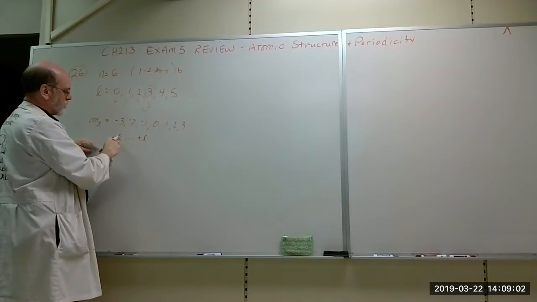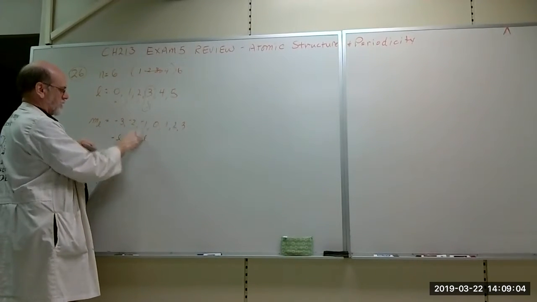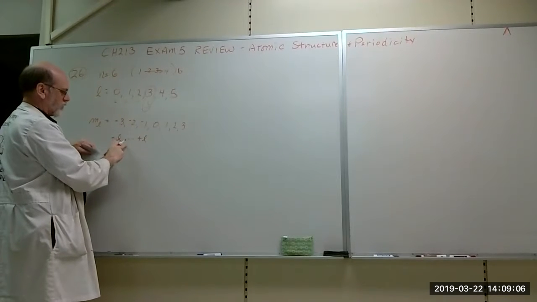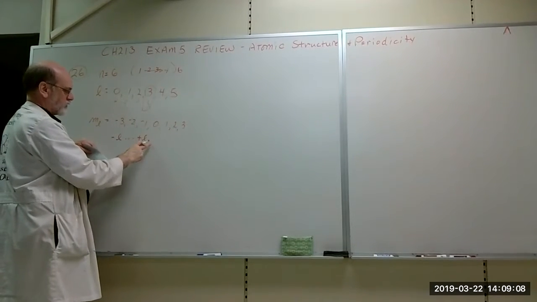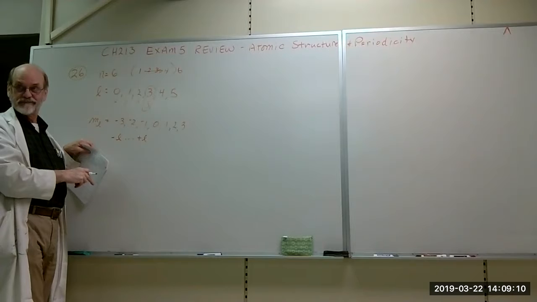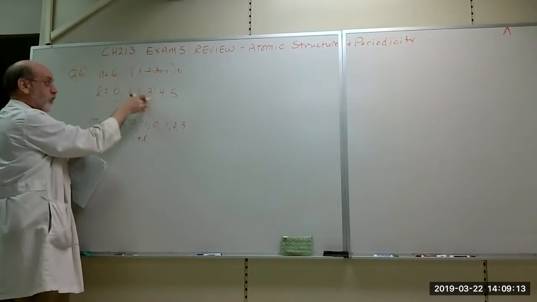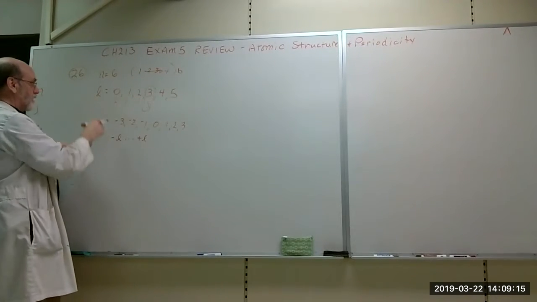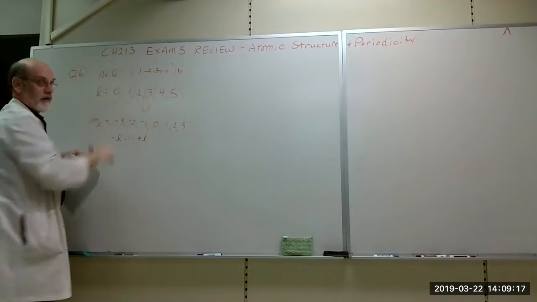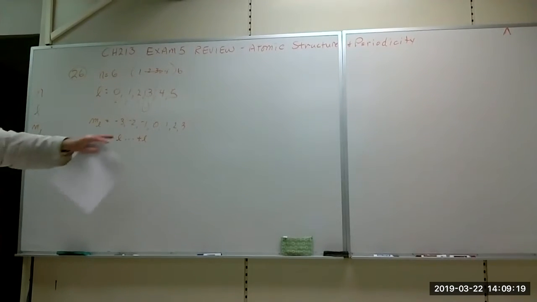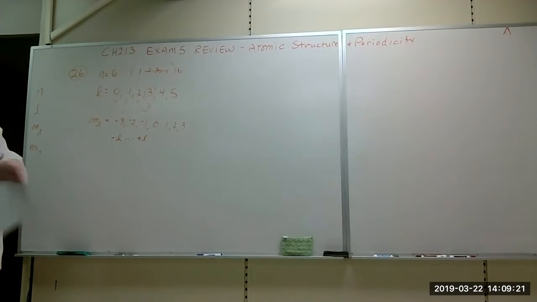So for 1, it can be -1, 0, plus 1. For 2, it can be -2, -1, 0, plus 1, plus 2. That's for each one of these levels, and each one of these came from each one of those. So it is a geometric progression.